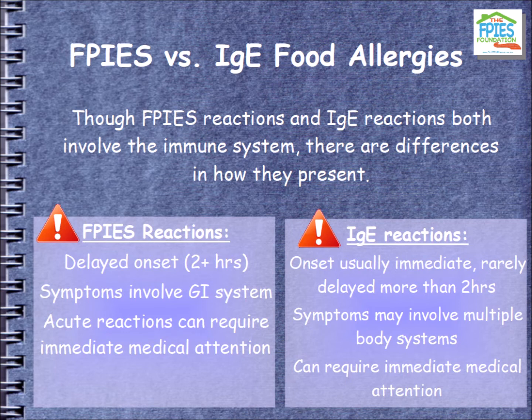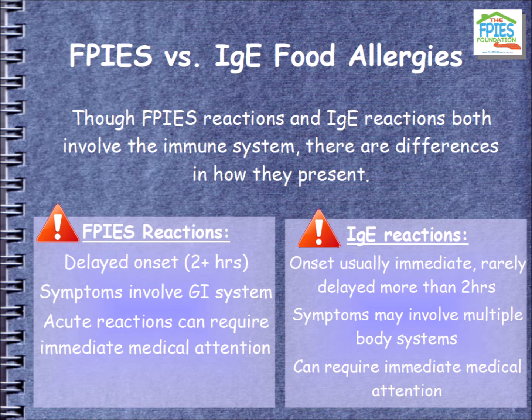So what does that mean? Well, if you have a child in your classroom, maybe a young infant, 6 months old, who's eating a bowl of rice cereal, if they eat that bowl of rice cereal at 10 a.m., and if that rice is an FPIES trigger for them, you are not going to see the reaction until around noon or later. That's what a delayed onset reaction looks like.